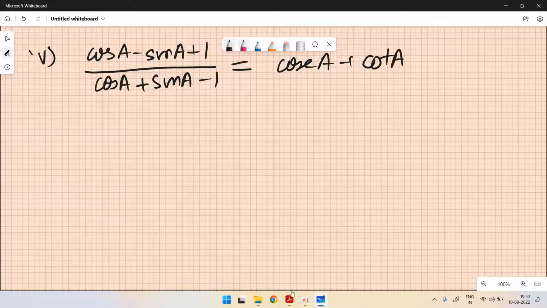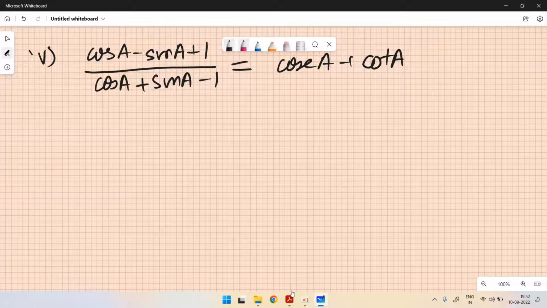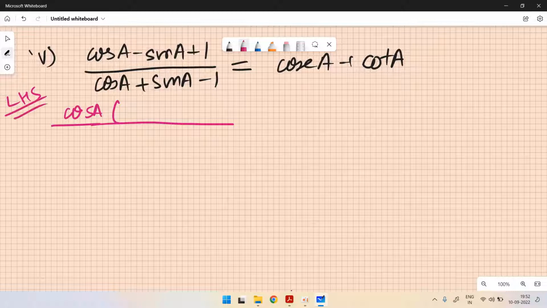Now, I'm solving for LHS. You first take cos A as common from both numerator and denominator.